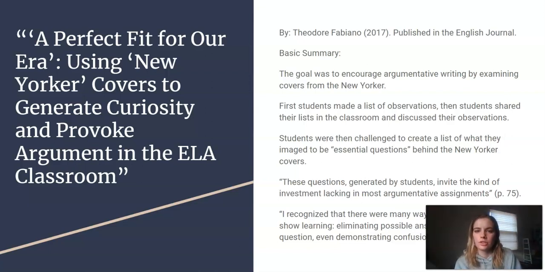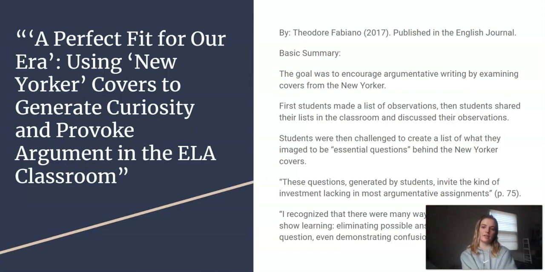So the goal was to encourage argumentative writing by examining covers from the New Yorker. First he had students observe all these different covers and then make a list of observations and questions. Just observations. Then the students shared their lists in the classroom and discussed their observations together, noticing differences between their observations and who noticed what and why.